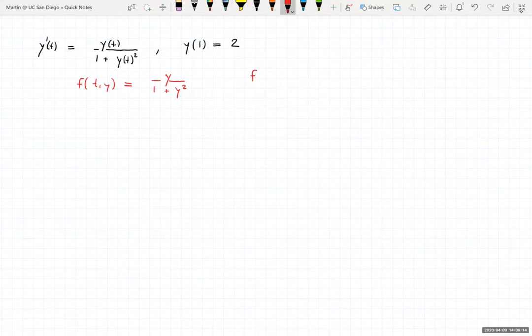And okay, check that f is defined for all t and y. And we check that f is continuous.